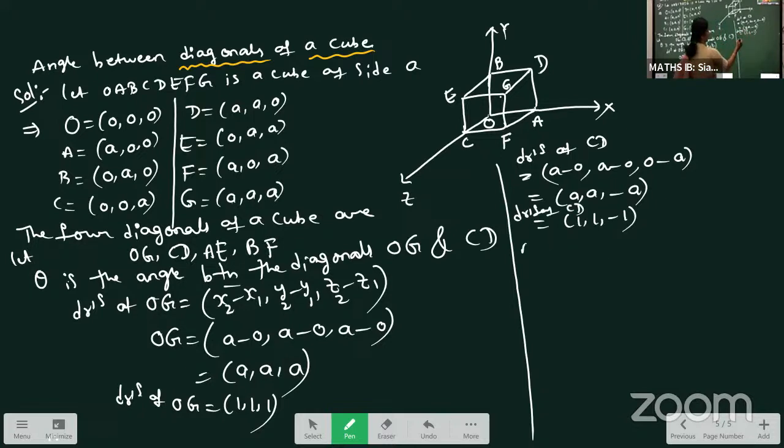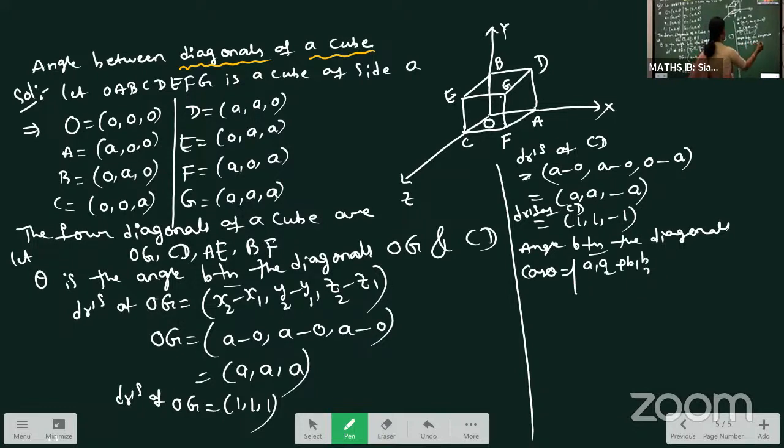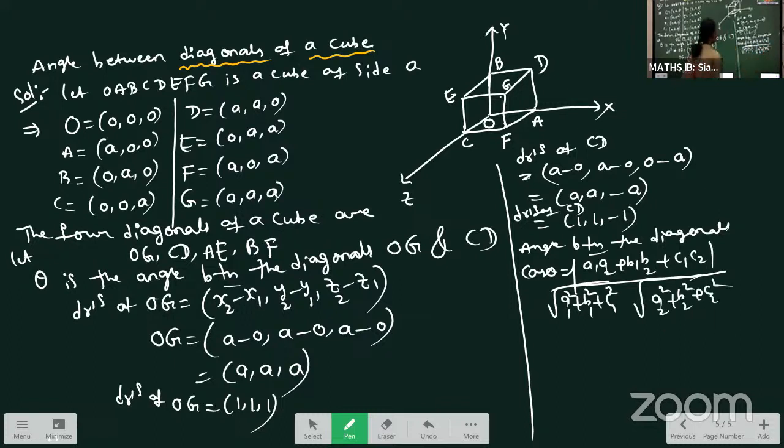Now find out the angle between the diagonals. Cos theta is equal to the modulus of the same formula, a1 a2 plus b1 b2 plus c1 c2, by under root of a1 square plus b1 square plus c1 square, into under root of a2 square plus b2 square plus c2 square.